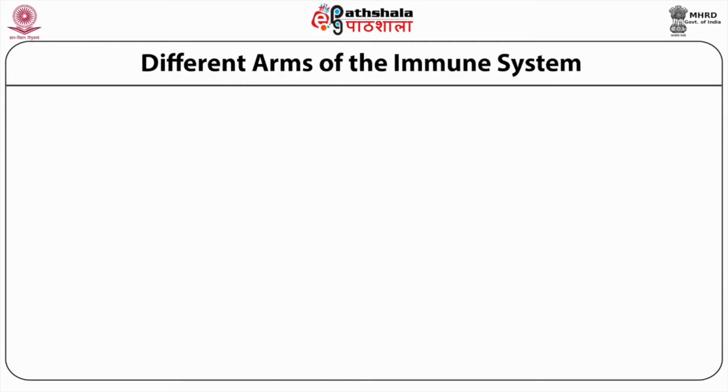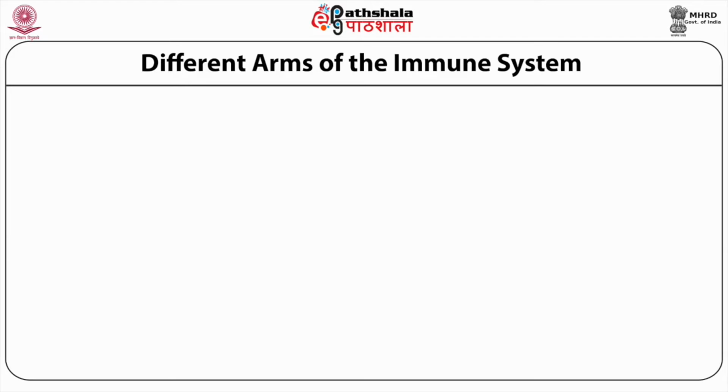However, opsonization by specific antibody, which is a part of the humoral immune response, or by complement, which is a part of the innate immunity, facilitates their phagocytosis.